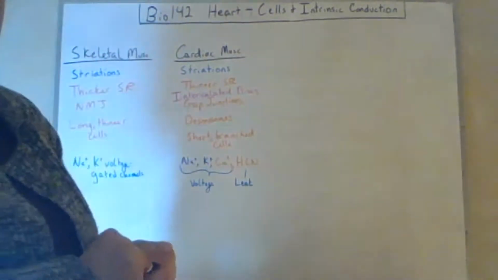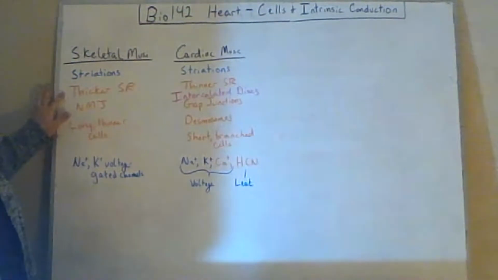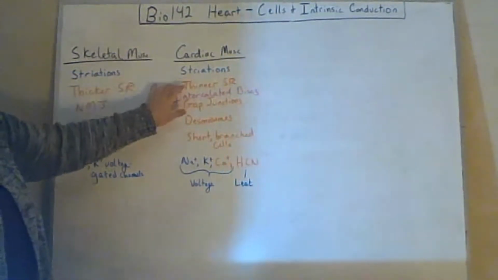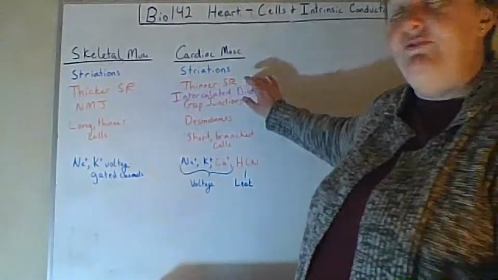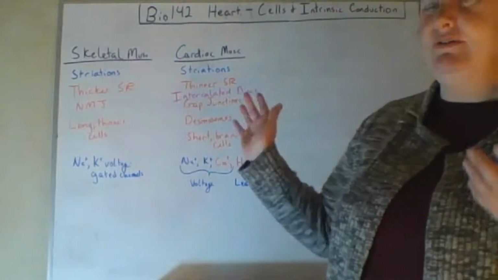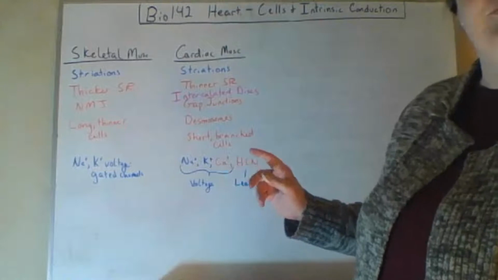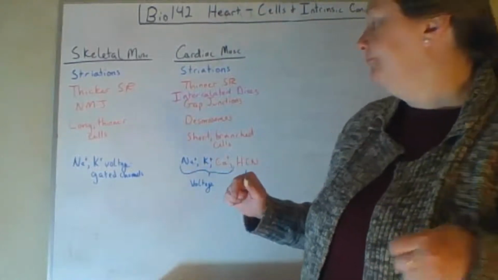Remember from chapter 3, we talked about both of those then. All right, so thinner sarcoplasmic reticulum. What did the sarcoplasmic reticulum do? Stores calcium ions, right? So cardiac muscle must have something else that it's going to use for calcium or some other way of getting calcium, right?